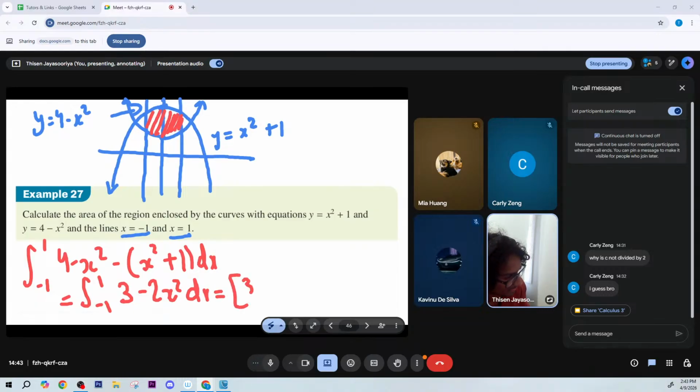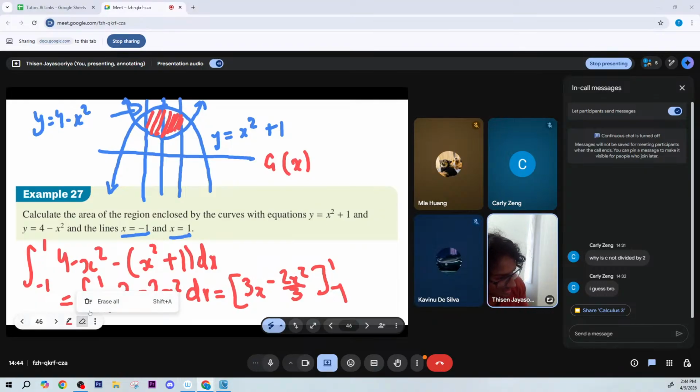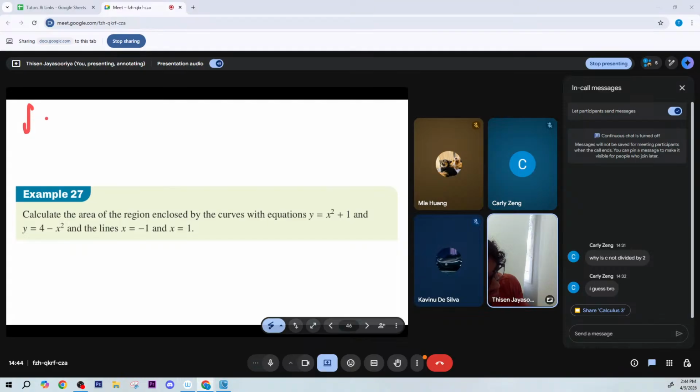We get the integral of 3 take 2x squared from negative 1 to 1 dx, which gives 3x take away 2x squared over 3, from negative 1 to 1.